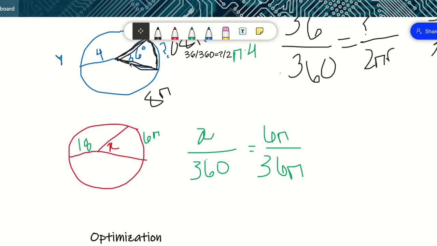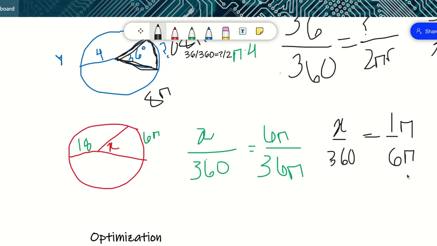And once again, we could just simplify first and then solve. So x over 360, I'm just simplifying in this step, is equal to 6 over 36, which can be written as 1 over 6 as well. Basically 1 pi over 6 pi. And the pi's, as we discussed earlier, aren't really needed.